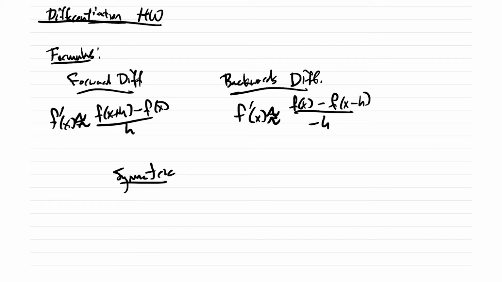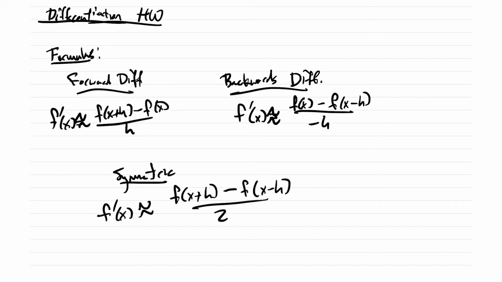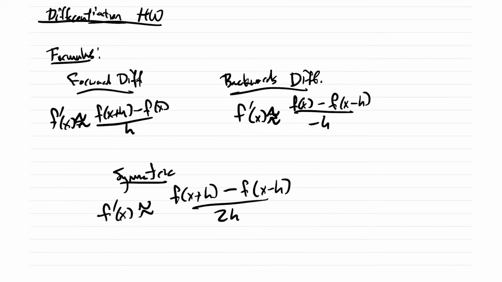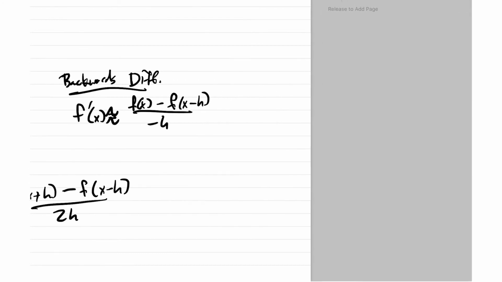And then the symmetric one tells us that f prime of x should be equal to roughly f of x plus h minus f of x minus h divided by 2h. And so presumably if we can do this one, we should, because in our lecture we saw that the error is a little bit better. But you don't always have that option, and you can see that here.